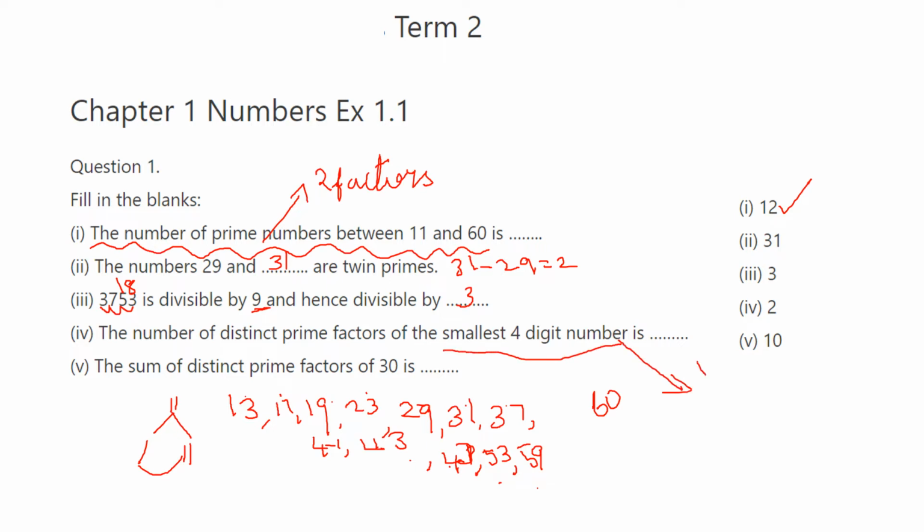What are the factors? 1 and 1000, 2 and 500, 3 is not divisible, so 4 and 250, 4 250s are 1000, 5 and 200. Here the question asks for the number of distinct prime factors. The distinct prime factors are only 2 and 5.